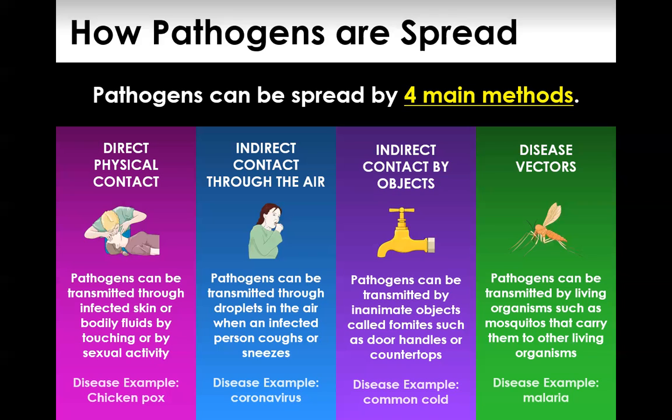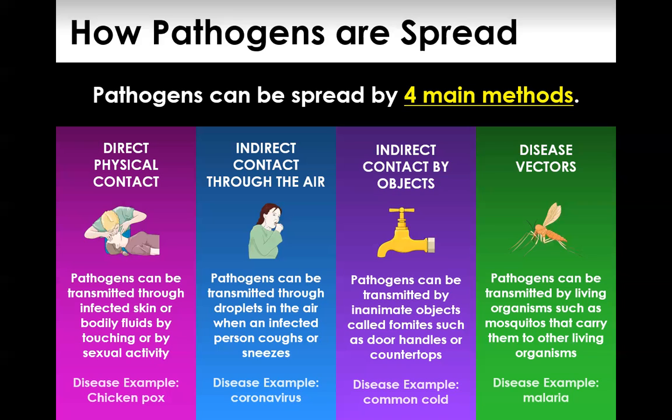So through the air is indirect contact. Now, indirect contact can also be through inanimate objects like pens, keyboards, and doorknobs. Those objects are called fomites, and they can serve as a way that we can spread these pathogens.